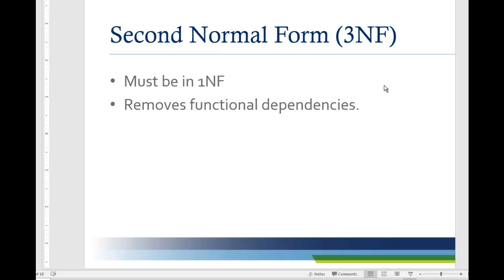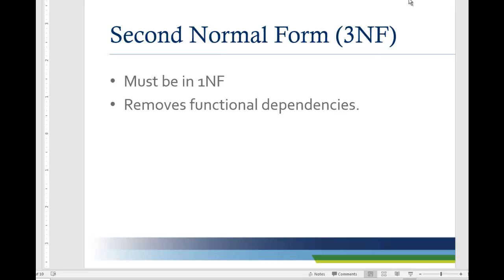Second normal form removes functional dependencies. One way to think of functional dependencies is as separate groups or themes within an entity. An entity should only be about one thing. All members or attributes should be dependent on the key, not on each other. So what does that mean?